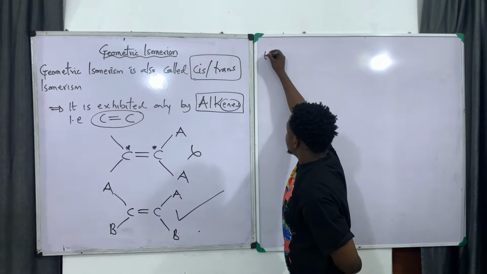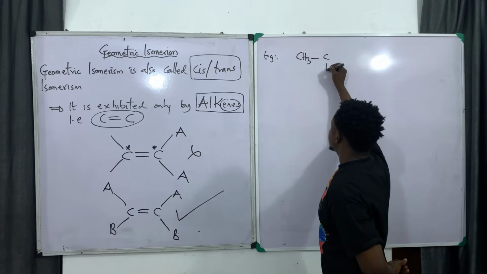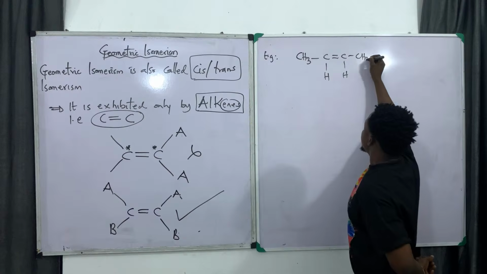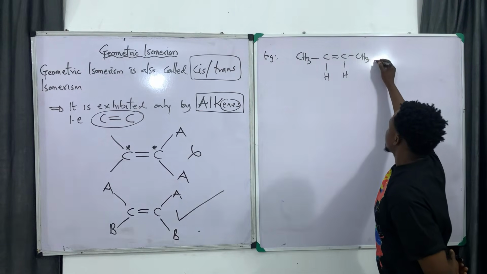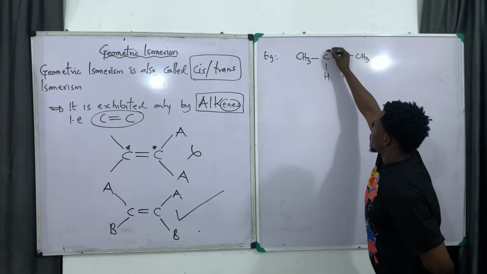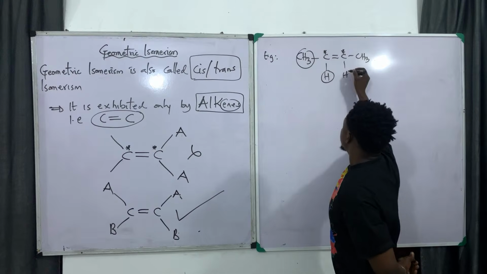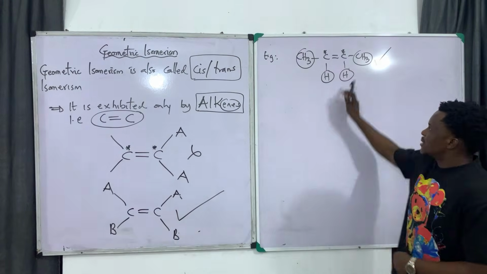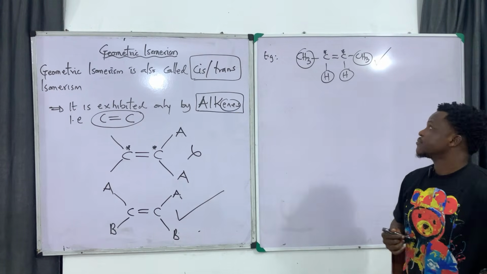So the example is CH3. Now this is an example of a compound that exhibits geometric isomerism.